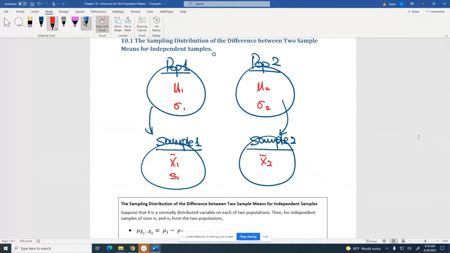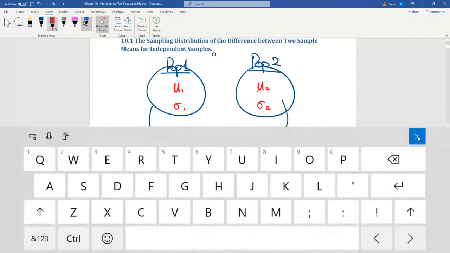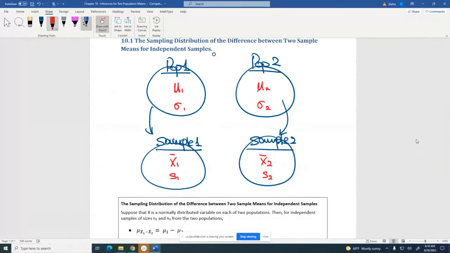Sample standard deviation number 1. S2, sample standard deviation number 2. Additionally, N1, N2. Everything from the two groups, from independent two samples.